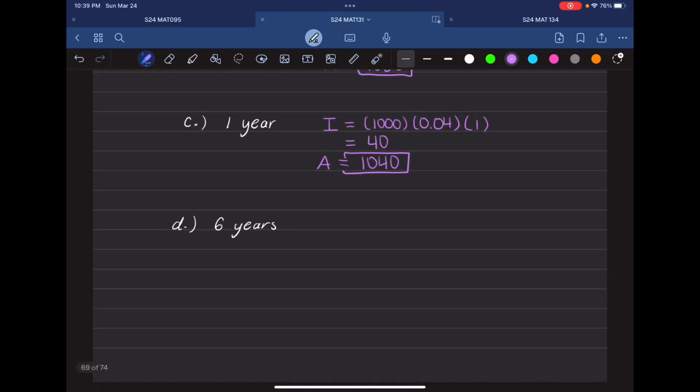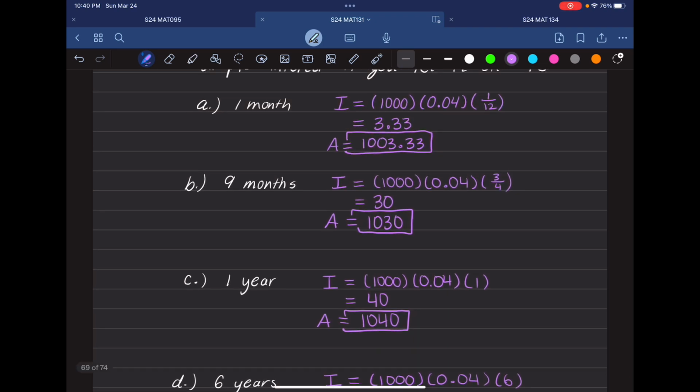And then if we had 6 years, we would do I is equal to 1,000 times 0.04 times 6. And we end up getting 240. And so the amount that we have in the account is going to be $1,240, right?